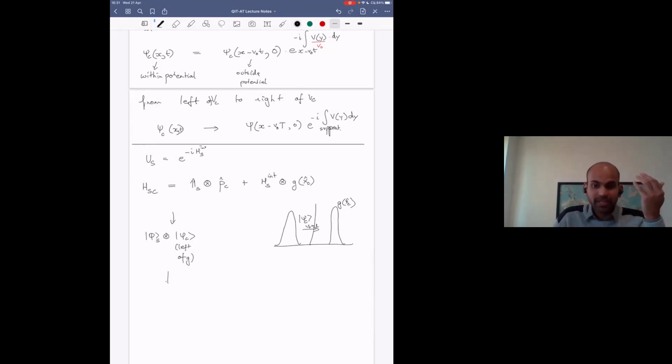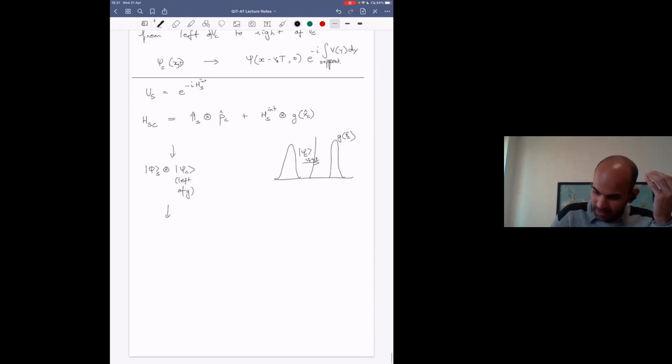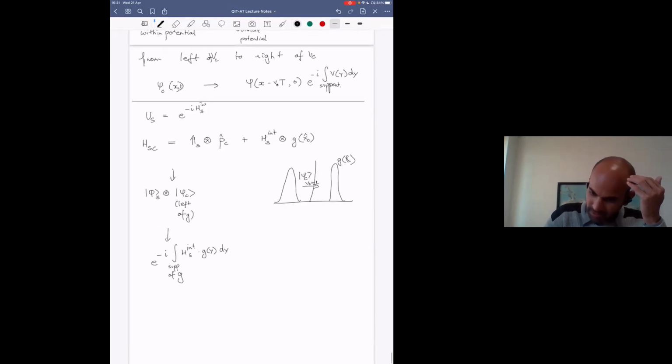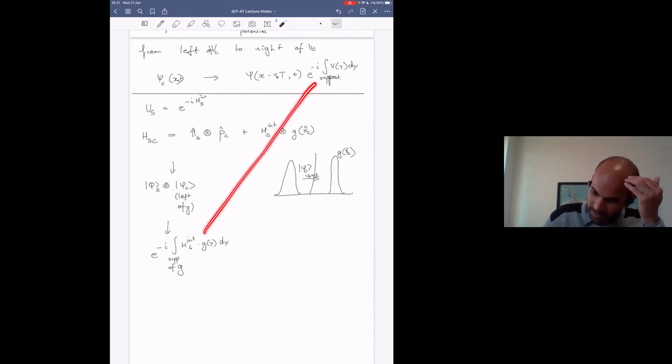Then what we find after waiting for a sufficiently long time is that it goes to the state e to the minus i integral of H_int s g of y dy, over the support of G. So this is really exactly the same as in that case, but that was just the clock acting on its own, so the phase was just a phase.